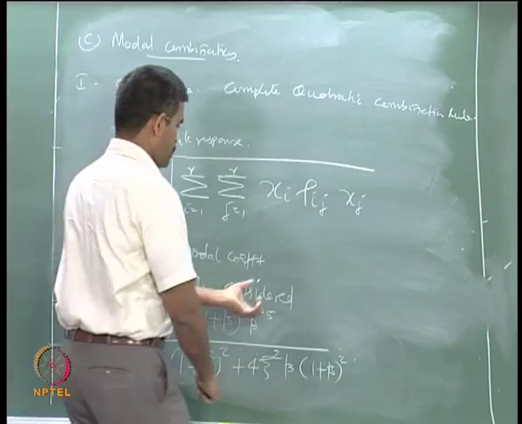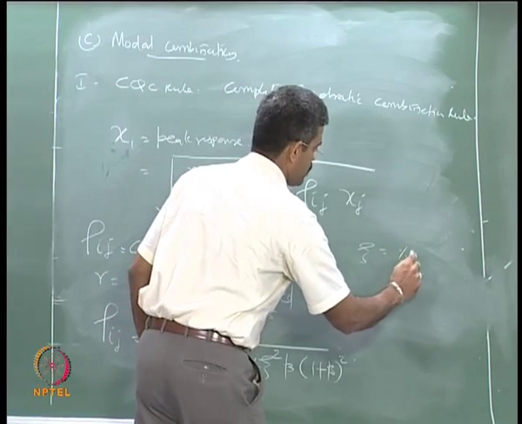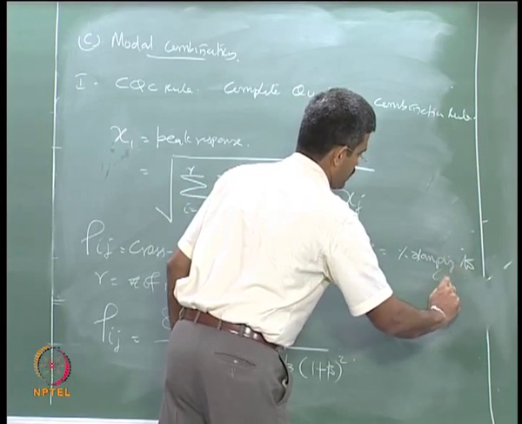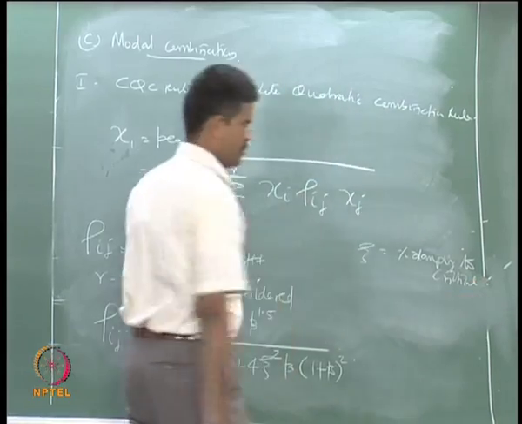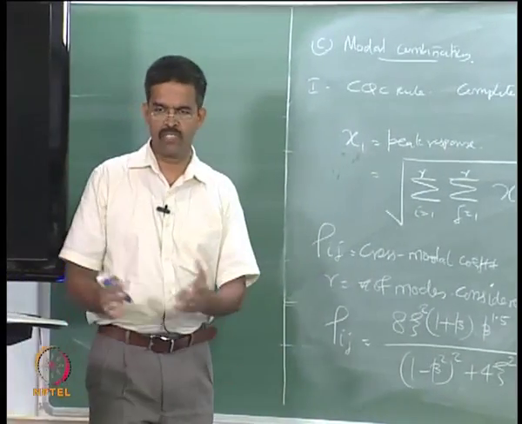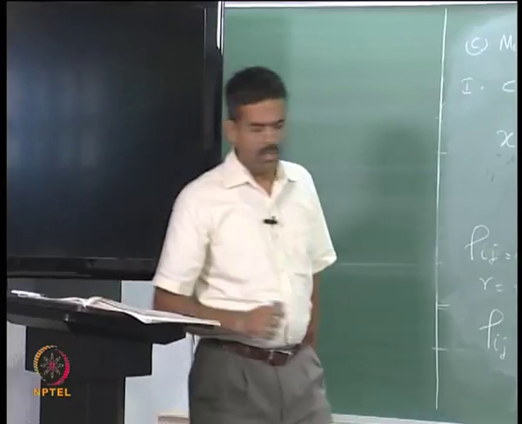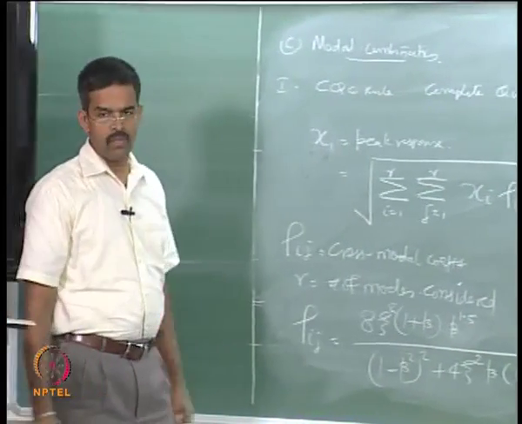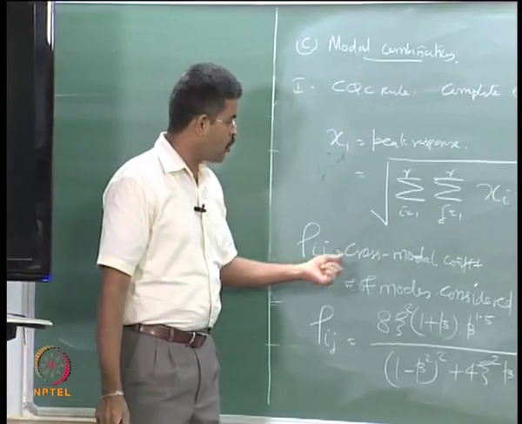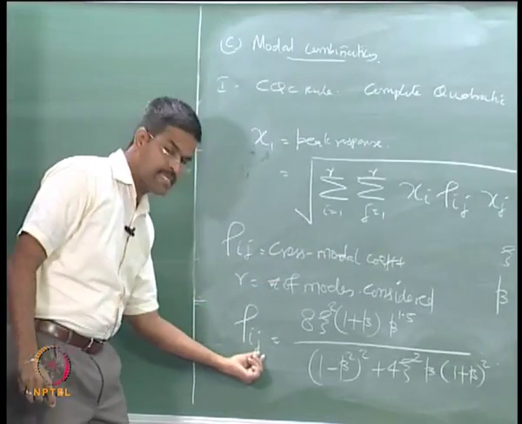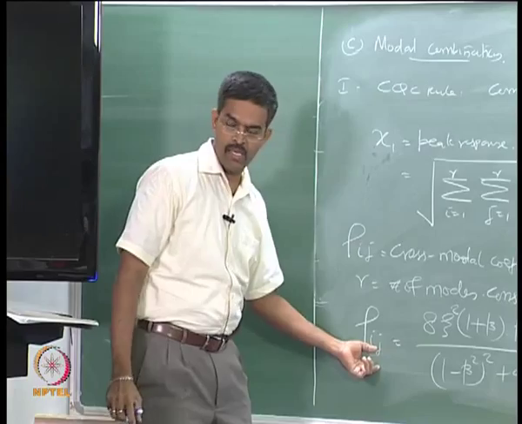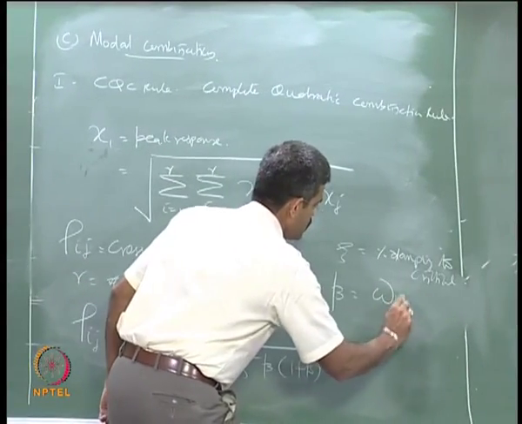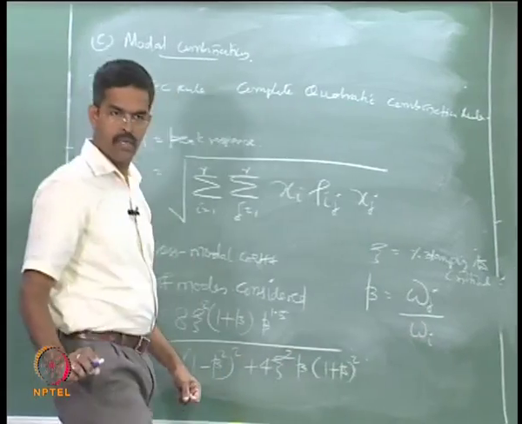Now of course in this expression zeta is the percentage damping to that of critical, 2% to 5%, that is what we are varying, and beta is the ratio of frequencies. For the cross modal coefficient between i and j, called rho ij, beta is the ratio of frequencies of j over i.